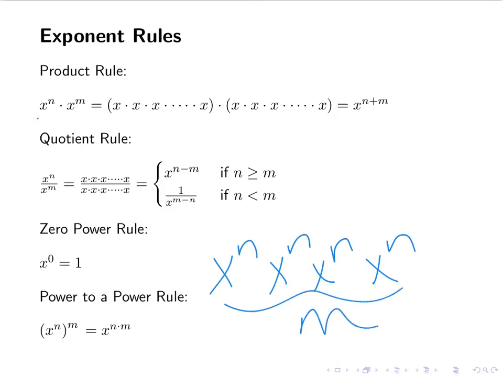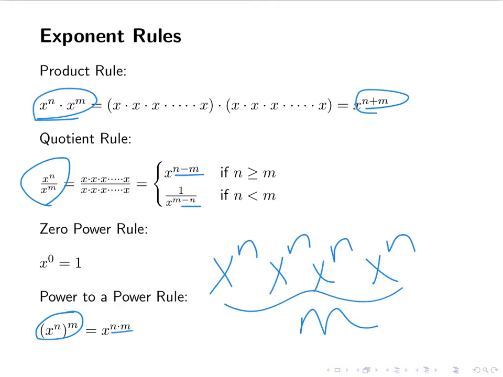By the product rule, I'm going to be adding it, so n plus n plus n plus n, m times, is by definition n times m. Okay, so if I'm multiplying, I add the exponents. If I'm dividing, I subtract the exponents. And if I'm raising it to a power, I multiply them.